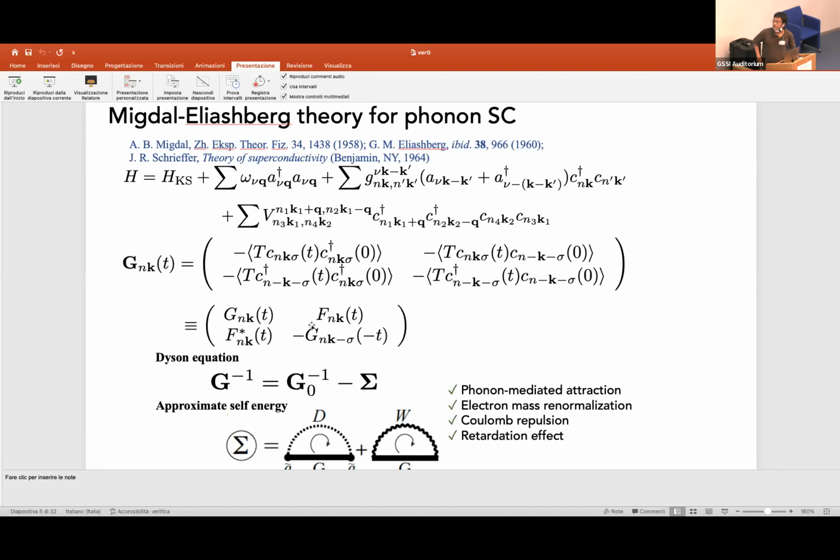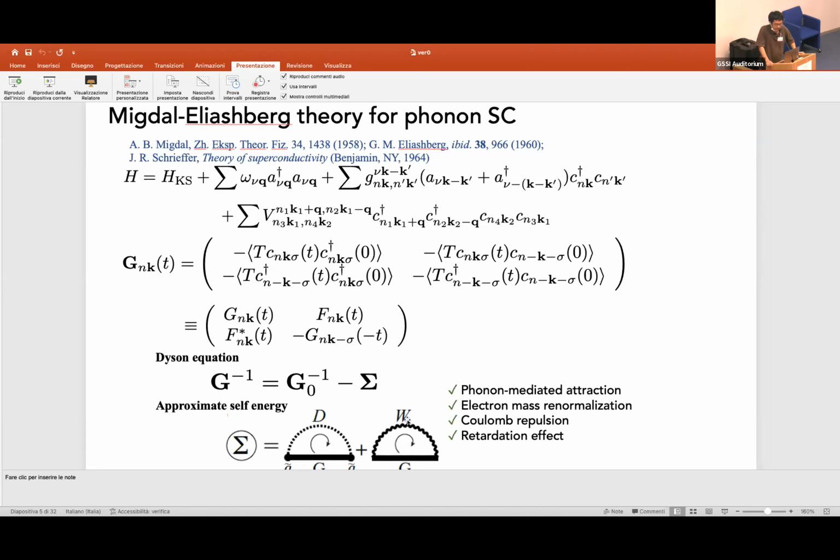And the Dyson equation relates the interacting Green's function to the self-energy. In this theory, we approximate the self-energy so that we only incorporate the two lowest order self-energy terms with respect to the phonon propagator and the electron-electron screened Coulomb repulsion W.